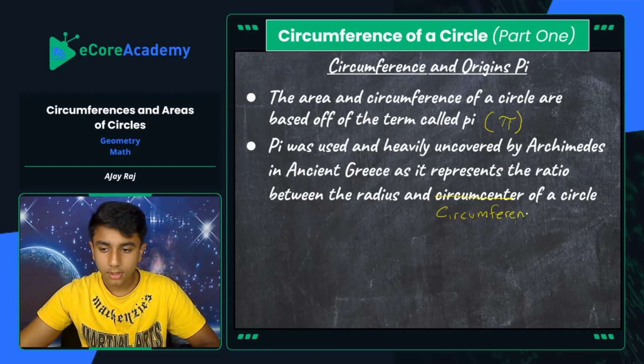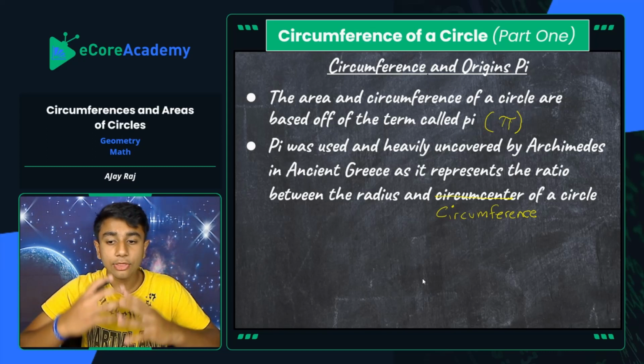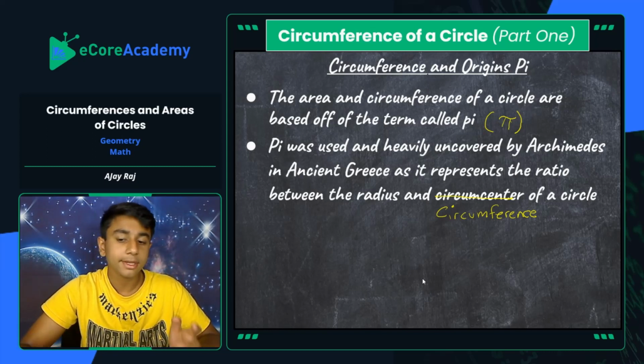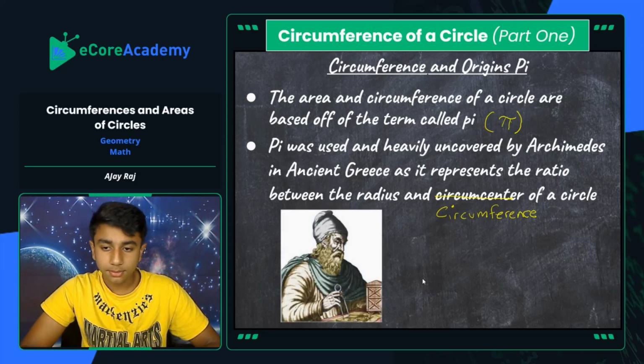The ratio between the radius and circumference of a circle, and that also will relate to the area formula, and I'll be talking about that later. But there is a correlation between the circumference and the area of a circle, and that's why pi is used in both equations. It makes everything much simpler. So that was Archimedes.